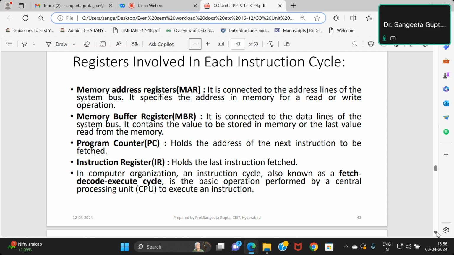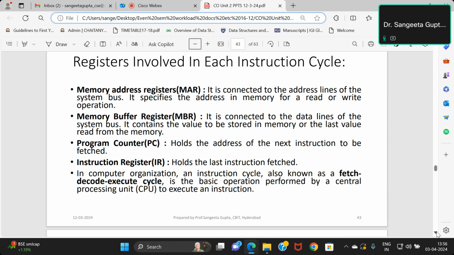The other register is the memory buffer register. This is connected to the data lines of the system bus. Hence, whatever data is fetched based on the last read operation will be residing inside the memory buffer register.